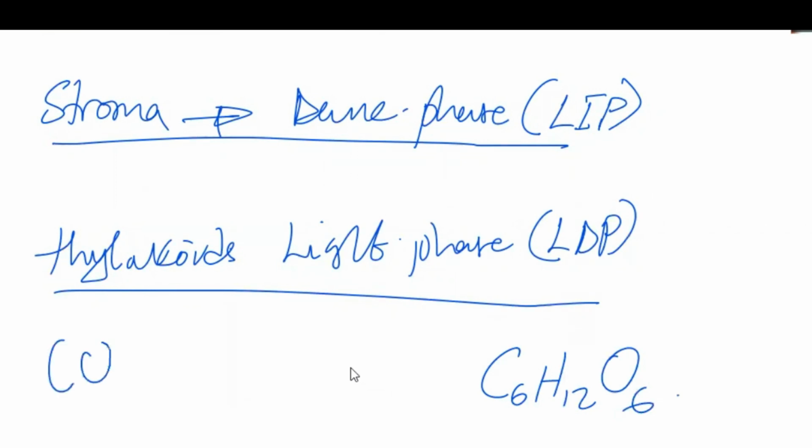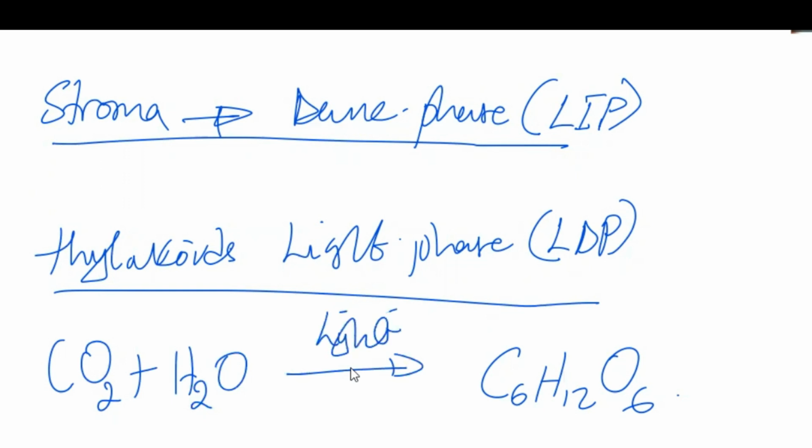You require carbon dioxide plus H2O, water, and it must be in presence of light. Light must be there, and then you produce carbohydrates, which is glucose in this case. Remember glucose is in the form of a carbohydrate, a monosaccharide. So plus the oxygen.